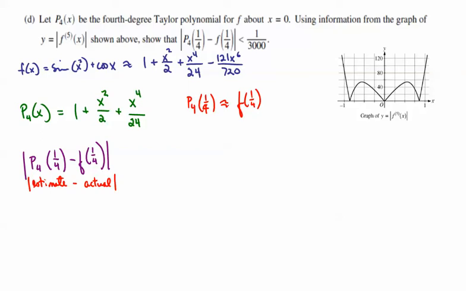So we'll take the absolute value of the estimate minus the actual, and this would come out to be exactly the same as the absolute value of the actual minus the estimate. It doesn't really matter which term we put first there. And you will see something like this is very likely to come up on your test. Now, this brings in the idea of the Taylor series remainder theorem.